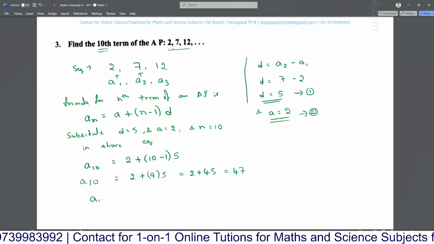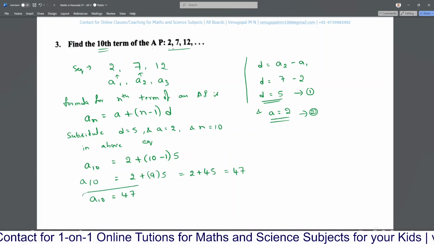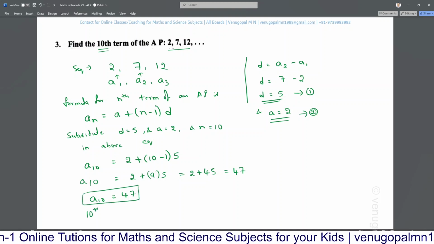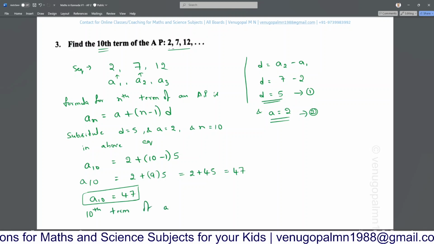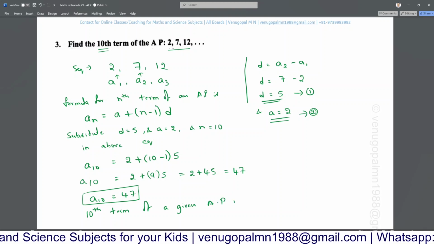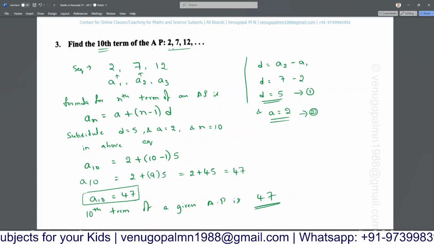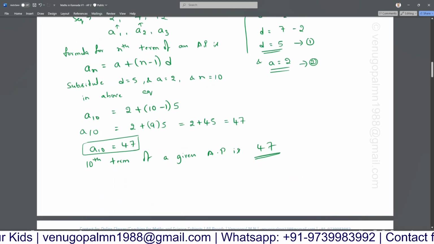So you can say A of 10 is equal to 47. And if you want to write it in a sentence, you can say the 10th term of the given arithmetic progression is 47. Okay, very simple, guys. You can understand and solve this problem very easily.